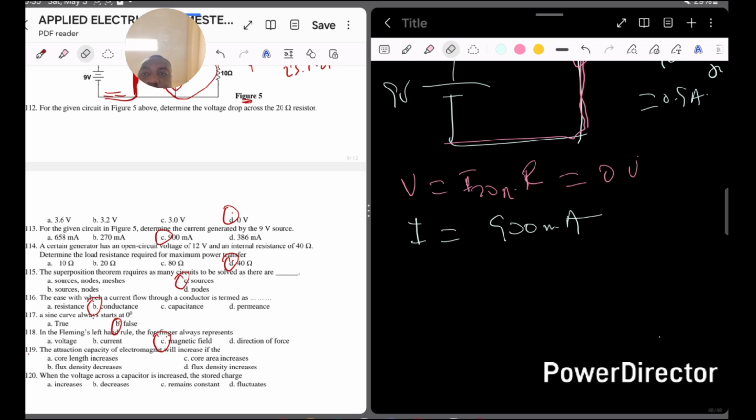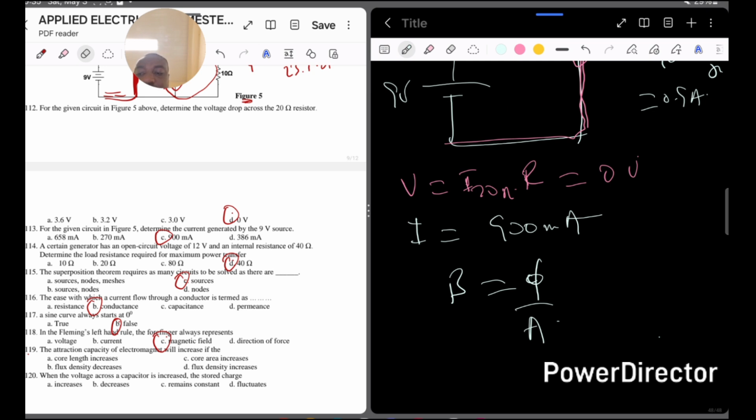Okay, we know that magnetic flux density is equal to magnetic flux over area. The attraction capacity here refers to the magnetic flux, because if you have a magnetic field, it's the magnetic flux that will cause the attraction to take place.